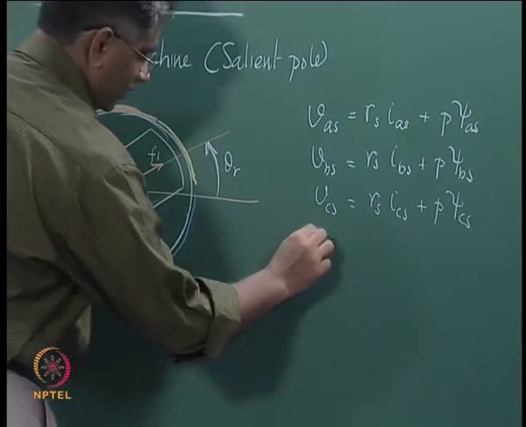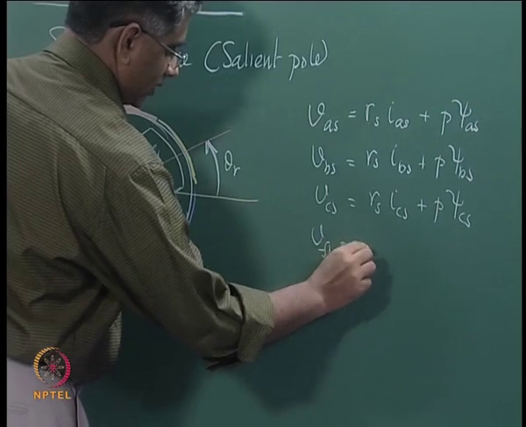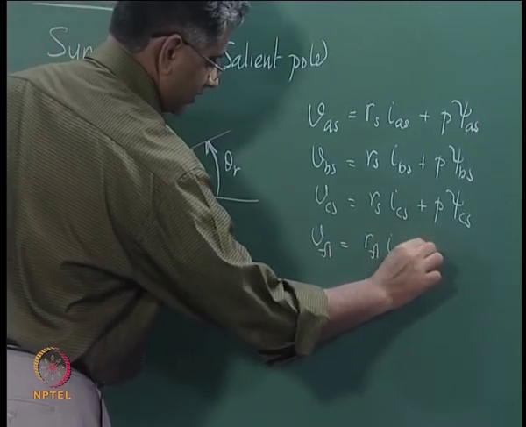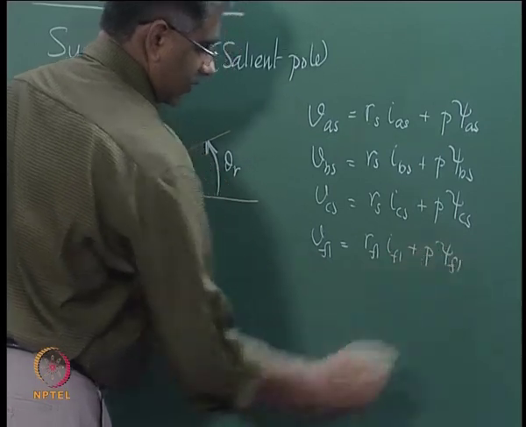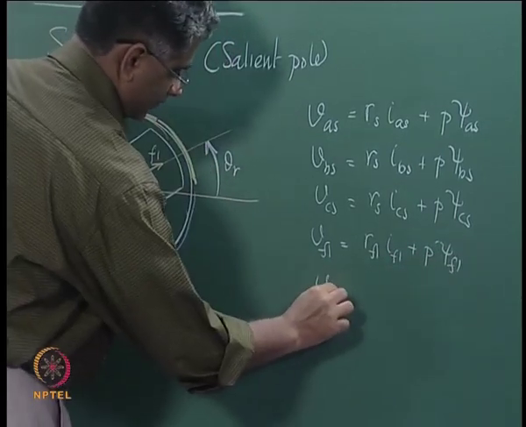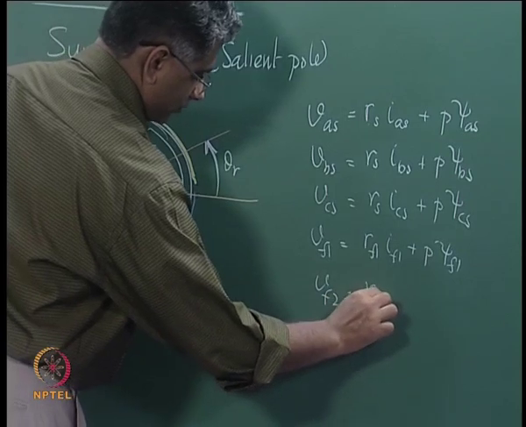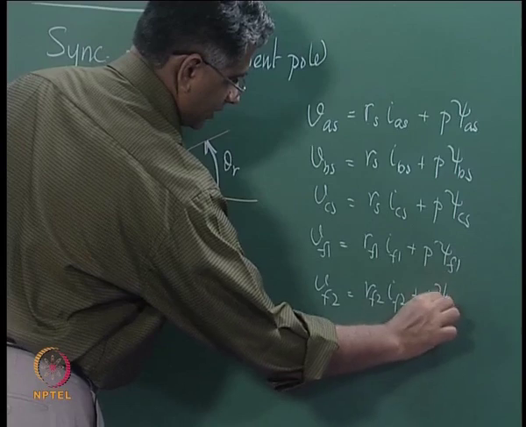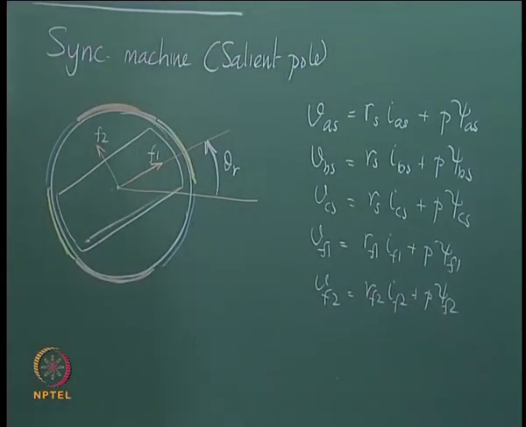So, Vf1 is Rf1 multiplied by If1 plus P times psi F1, and Vf2 is Rf2 times If2 plus P times psi F2. So, this is an equation set similar to what we wrote for the induction machine.